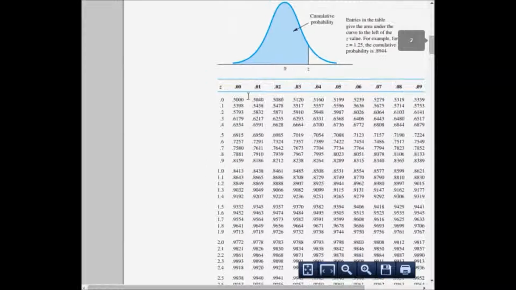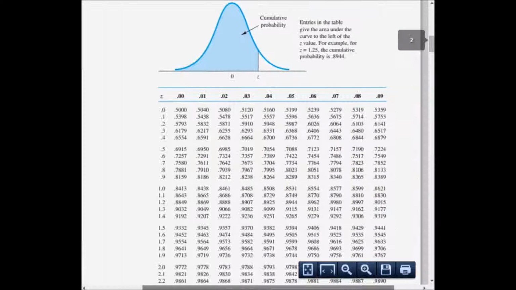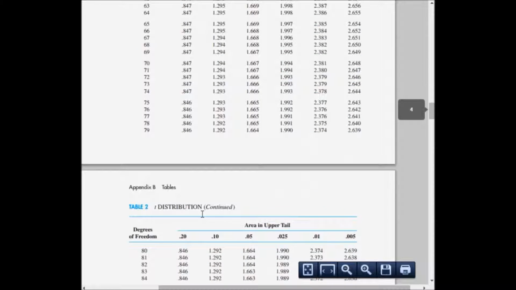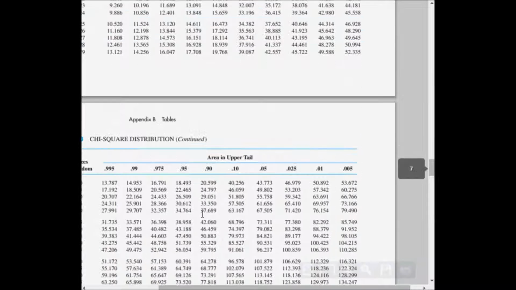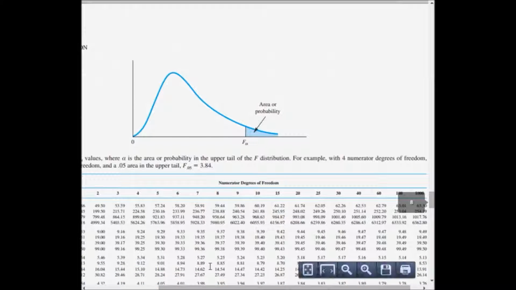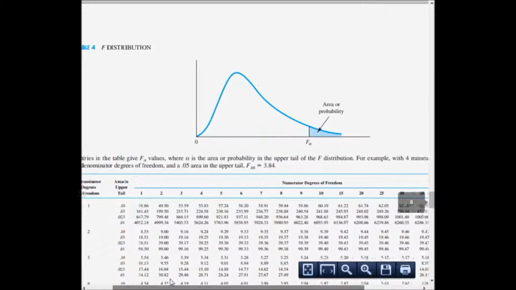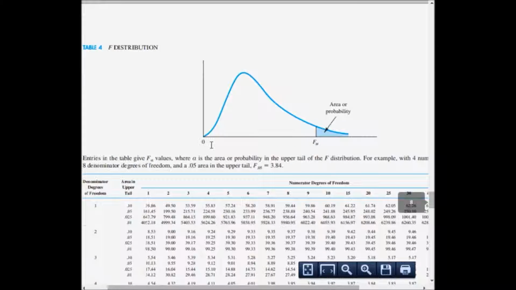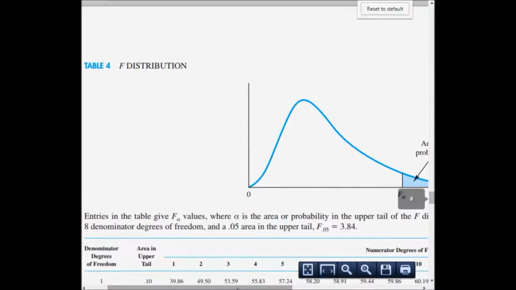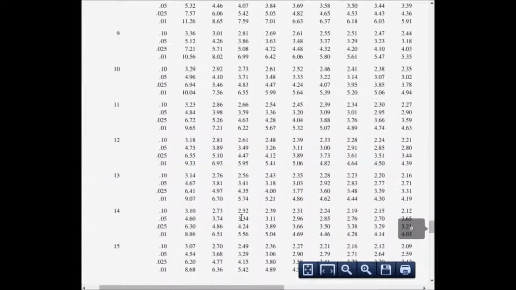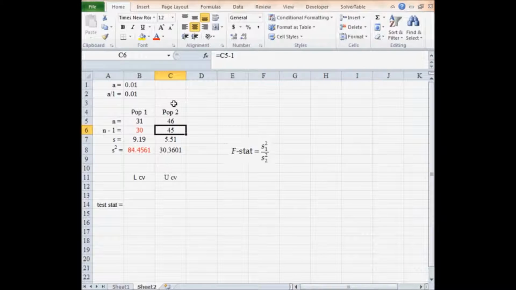So let's find the F table. Okay. 0.01 and 45. That's the row we're in.